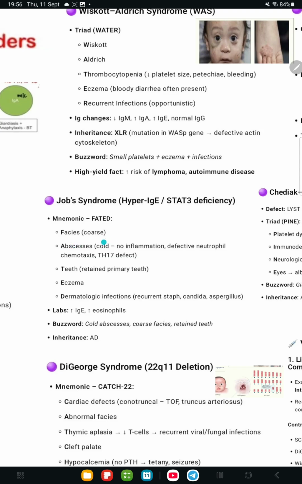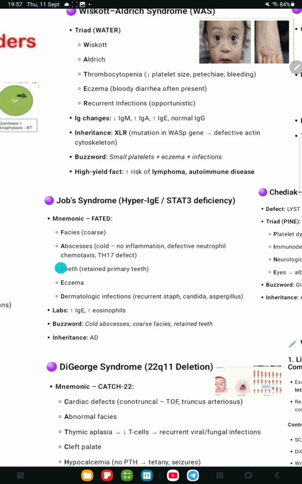We can remember it this way: in our workplace, most of the people are reserved or cold, and only a few people are warm and open. So remember most are cold. So abscesses in Job are cold, that means there is no inflammation. There will be defective neutrophil chemotaxis, and this is because of the Th17 defect.